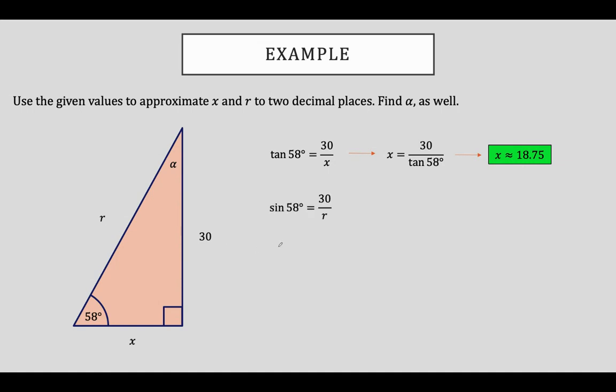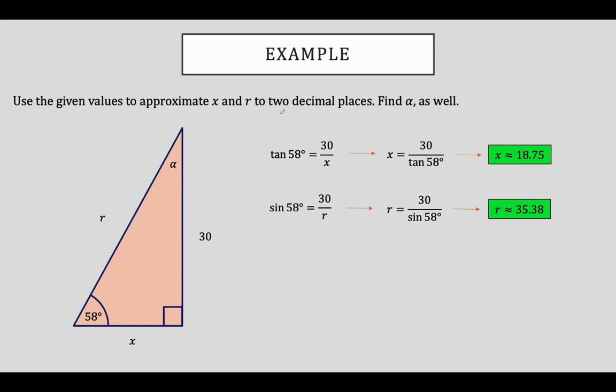The sine of 58 degrees has to be equal to 30, opposite, divided by r, our hypotenuse. To solve for r algebraically, we would multiply both sides by r and divide both sides by sine 58 degrees. r is equal to 30 divided by the sine of 58 degrees, which we can then plug into our calculator, giving us 35.38 approximately for the hypotenuse of our right triangle.